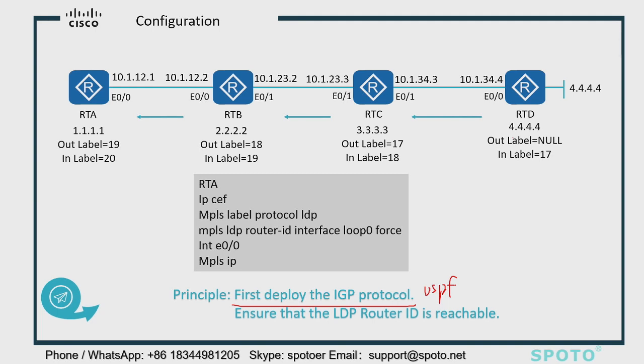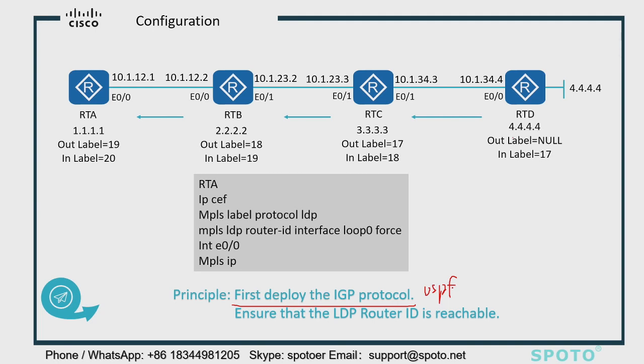We need to configure the IGP protocol. And the next step, we need to configure the LDP protocol. It's used to distribute the label. And for this step, if the routers can't communicate with each other, the LDP protocol can't distribute the label.